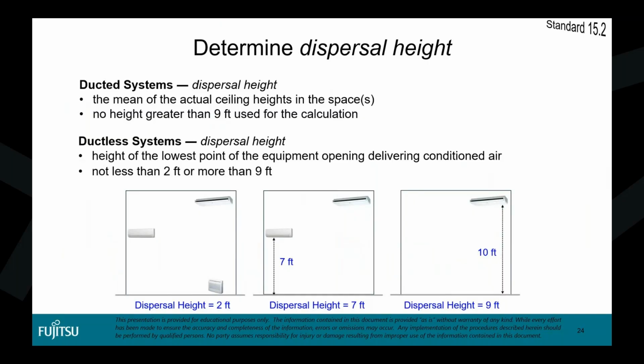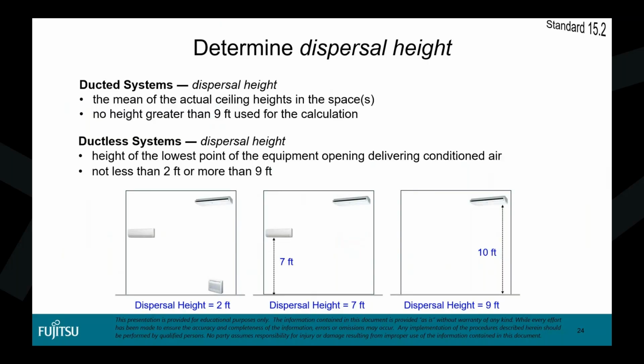That's for ducted systems. For ductless systems, it has to be the height of the lowest point of the equipment opening delivering conditioned air, but it can't be less than 2 or more than 9. So it's a range there, but that's for the opening delivering conditioned air. On the left, I put in 3 units.